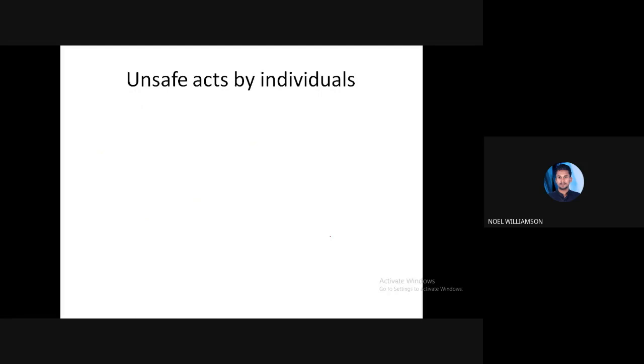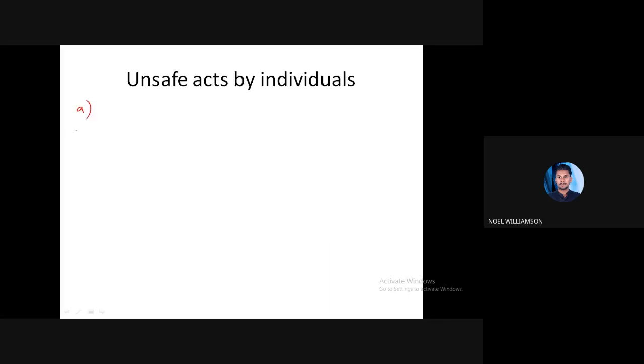This is the classification of causes where accidents occur due to certain activities done by the individual workers. So we'll see which are they.